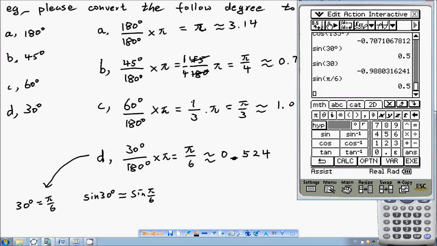Let's change it, and we will have exactly the same answer. Basically, degrees form and radians form are different ways to show the value of an angle, and once you convert them right, they are the same thing, which equals half.